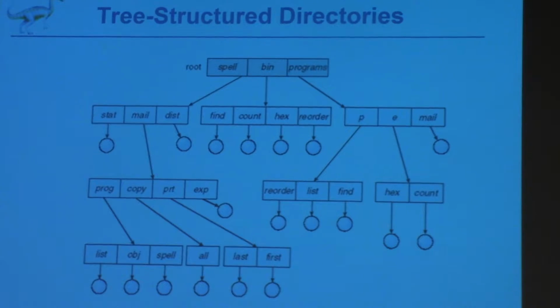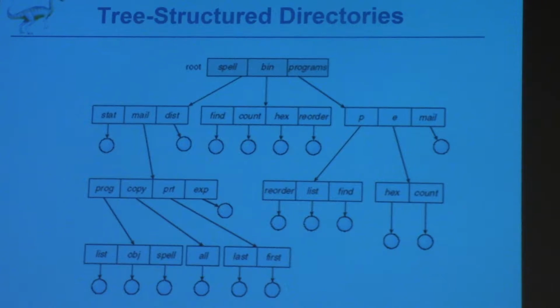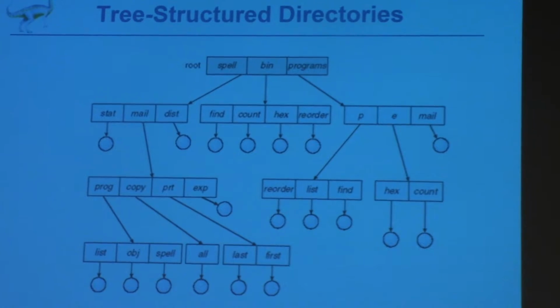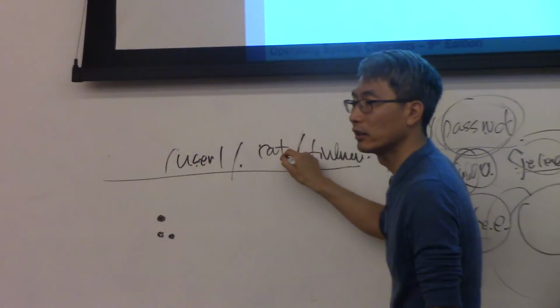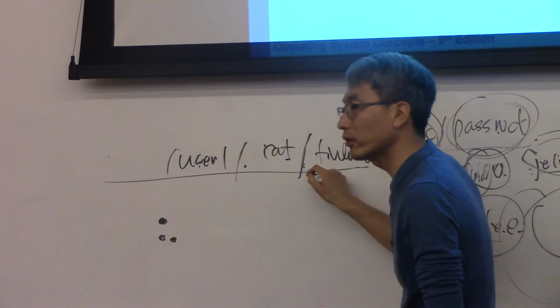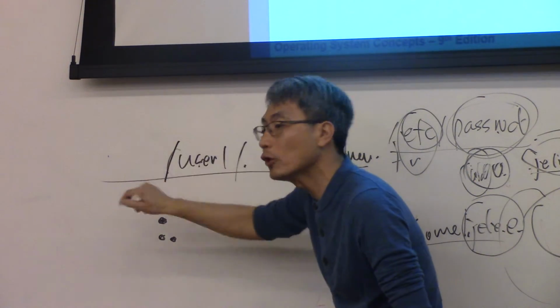Yes? Could you explain again about the one dot and the two dots? It's to simplify. For example, your current directory is under cat. Okay? Then to represent the current directory, you need to specify the full path.